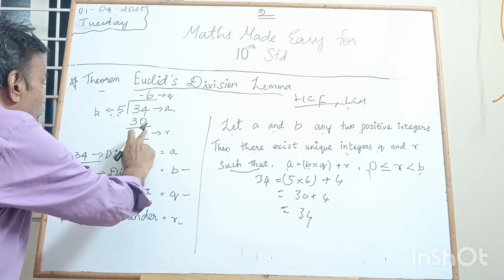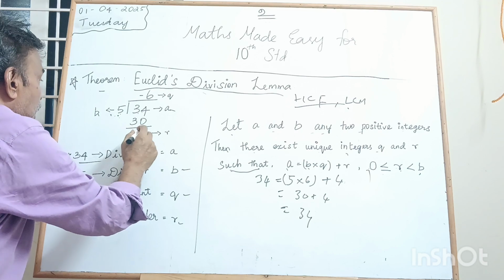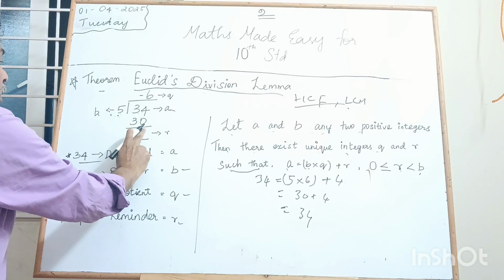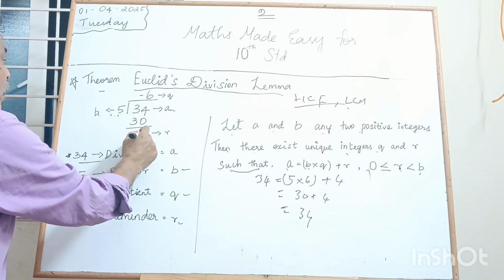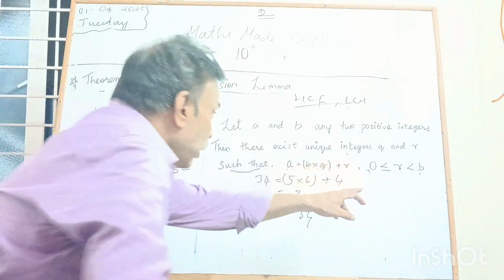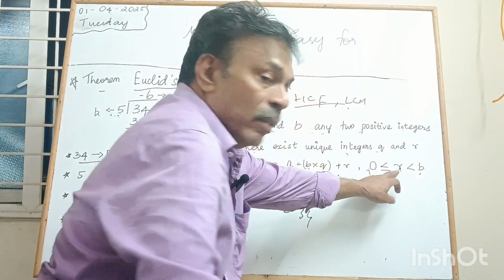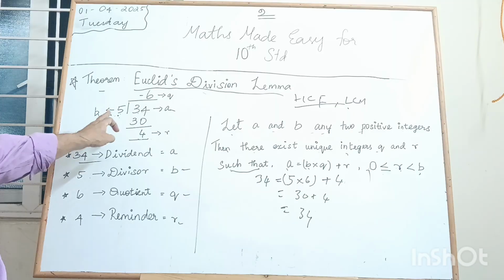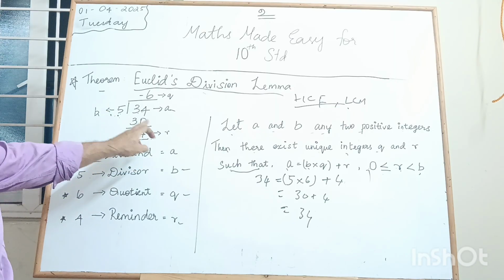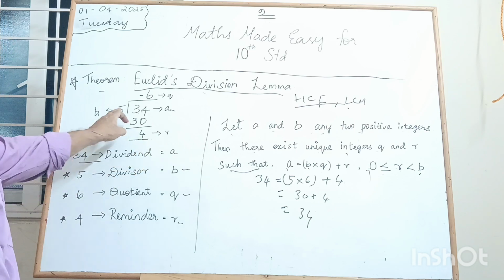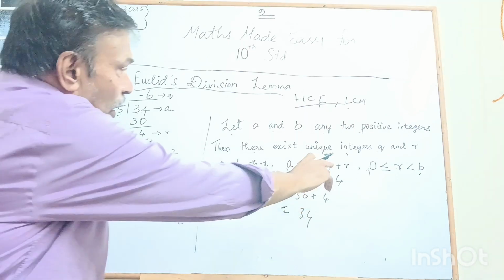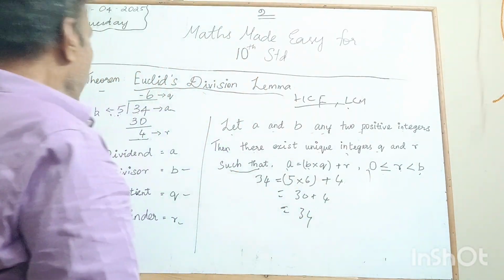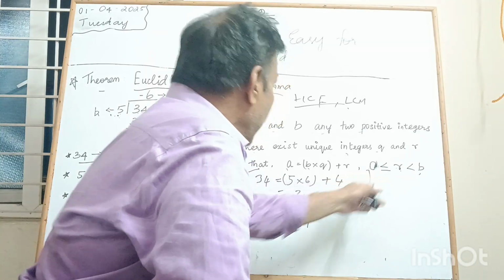Again, R can be 0 or R can be greater than 0.